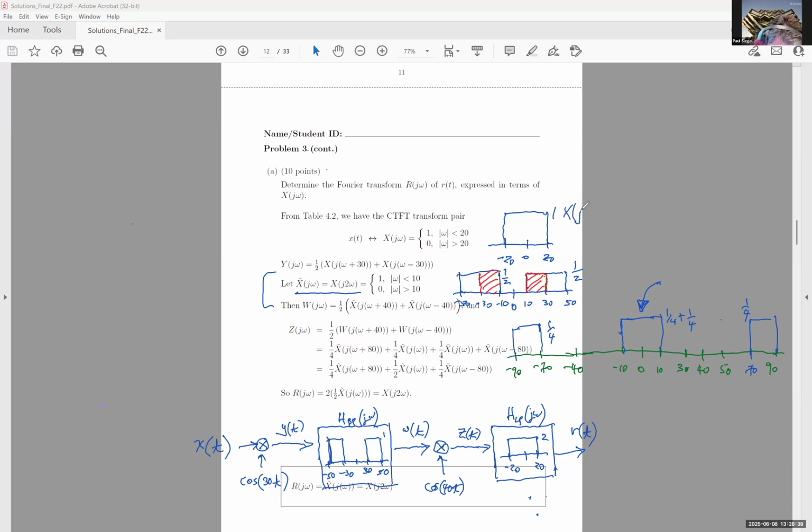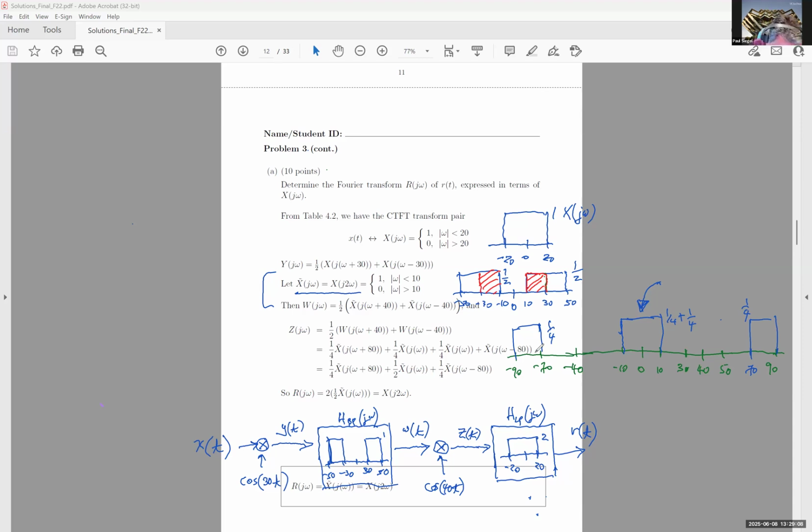So x of j omega went from minus 20 to 20. So the question is, how can I represent both of these? All of these are kind of scaled versions of this same transform that goes from minus 10 to 10 as opposed to minus 20 to 20. So we'd like to have a simple way of expressing that in terms of x of j omega.